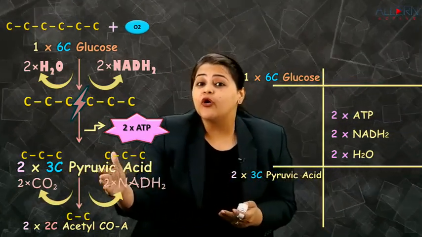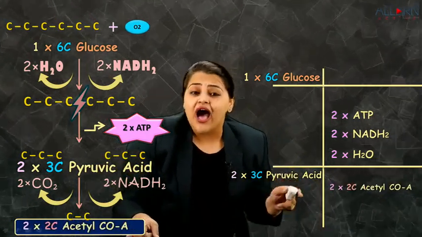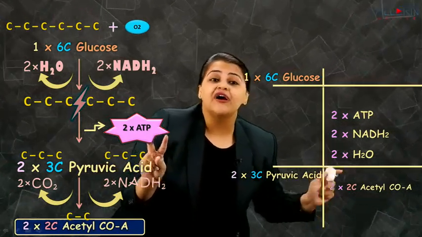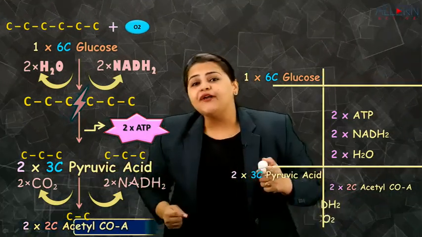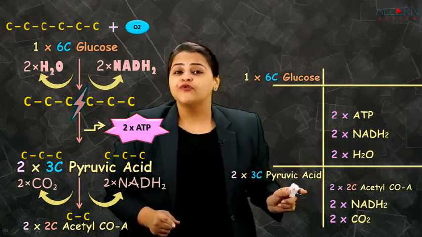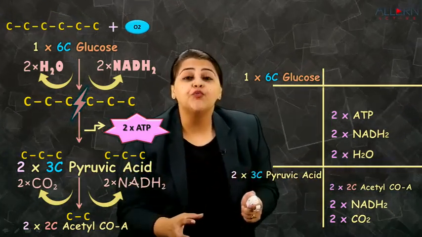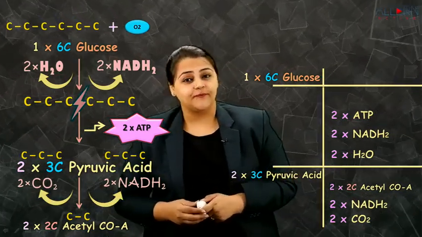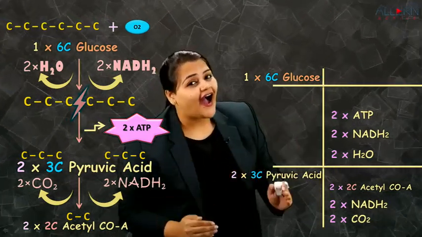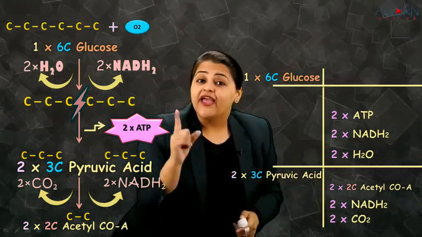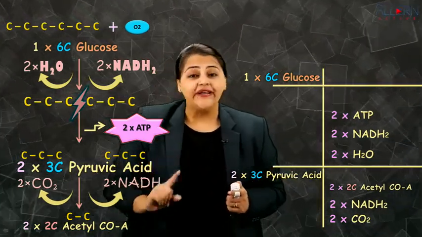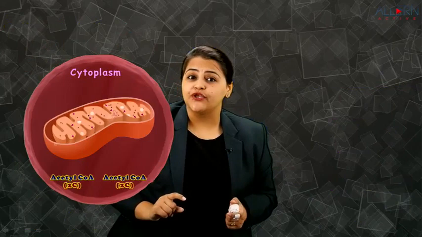It is being broken down into 2 molecules of 2-carbon acetyl coenzyme A, and during this process, what are we fetching? We are getting 2 molecules of NADH2 and 2 molecules of carbon dioxide. So this is the entire part of glycolysis and link reaction, wherein glycolysis and link reaction end by producing 2 ATP from 1 glucose molecule.